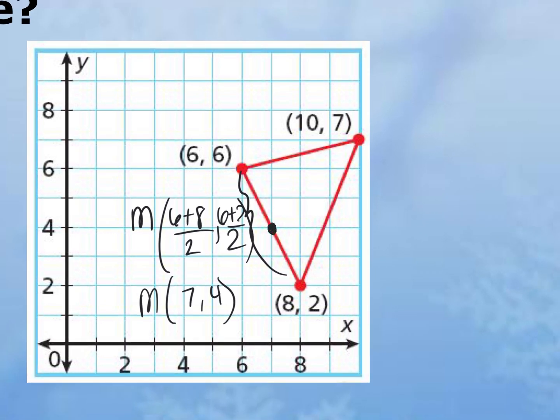Perfect. Now, to find a centroid, you have to draw all of your medians. This point, I'm going to connect it with what other point? 10, 7. Very good. Why 10, 7?